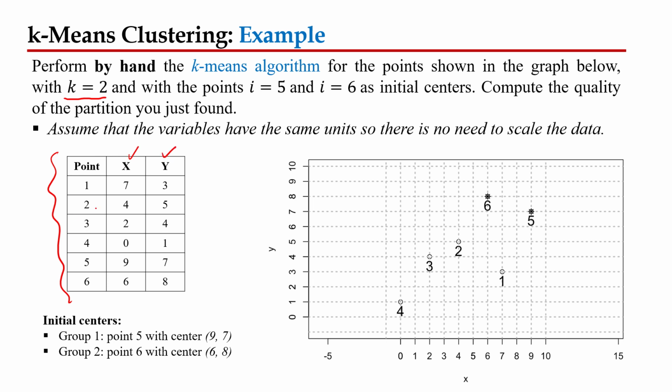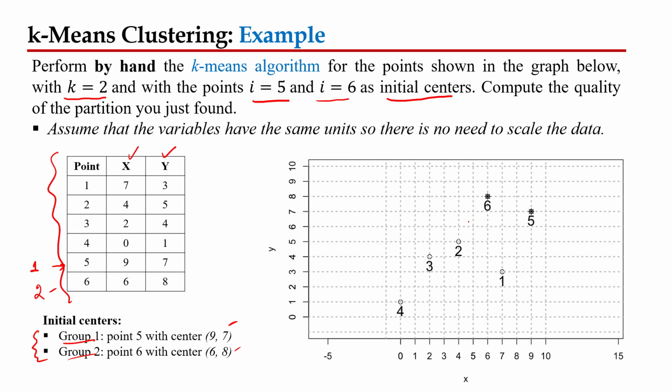Right now, for the initial centers, we decided that the fifth data point is going to be the cluster 1 center point, and the sixth point is the cluster 2 center point. So these are the two clusters, or groups, and these are the initial center points we are considering.